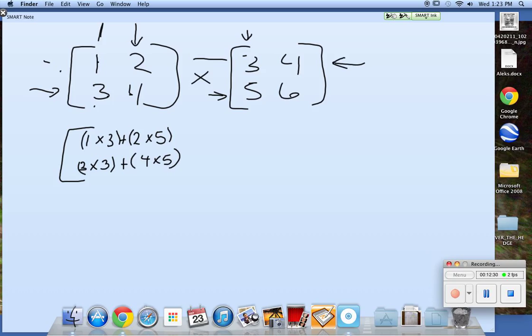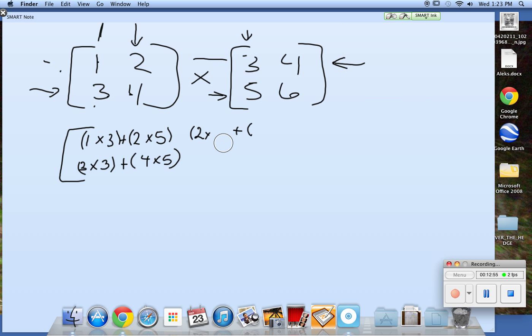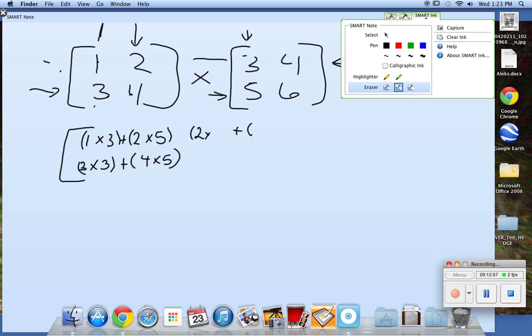So now we go 2 times 4 for up here. See how it gets confusing here? Is it 2 times 4 or should I be doing 2 times 3? This should be 3.